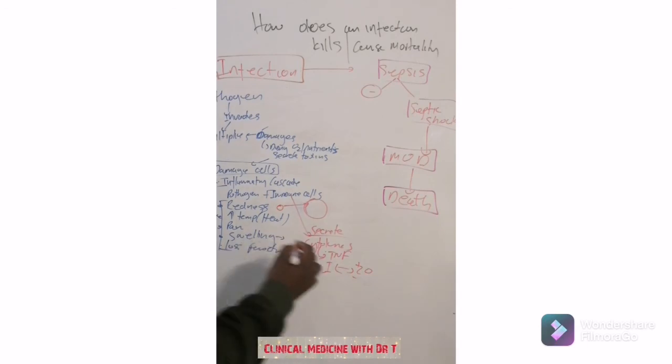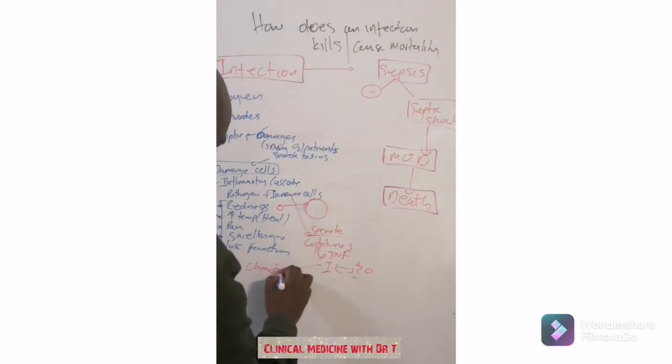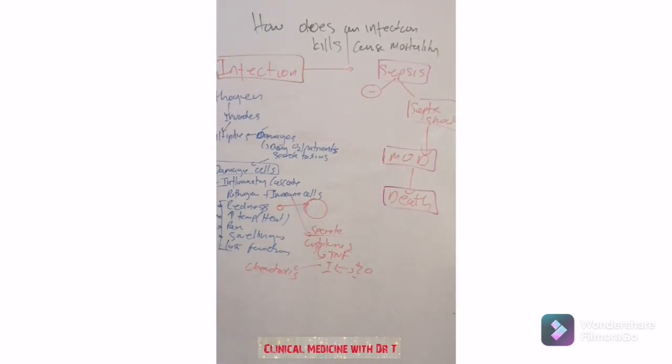And one of their functions is they cause chemotaxis. And chemotaxis is a way in which macrophages and other immune cells are attracted to the area of the infection. So they've got that chemotactic ability.